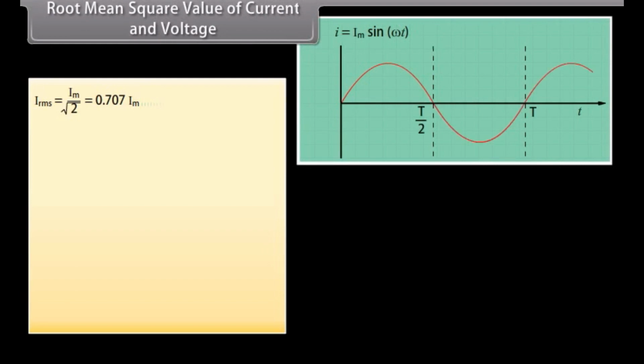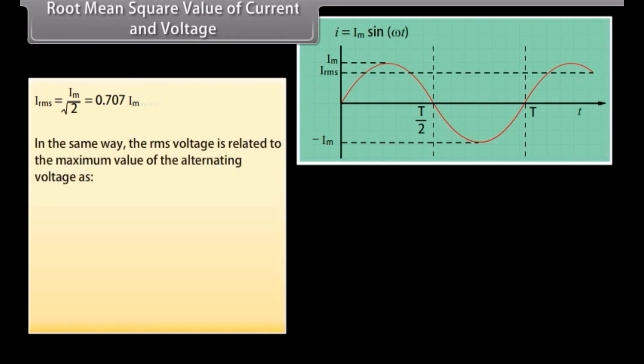IRMS is equal to Im upon root 2, which is equal to 0.707 Im. In the same way, the RMS voltage is related to the maximum value of the alternating voltage.